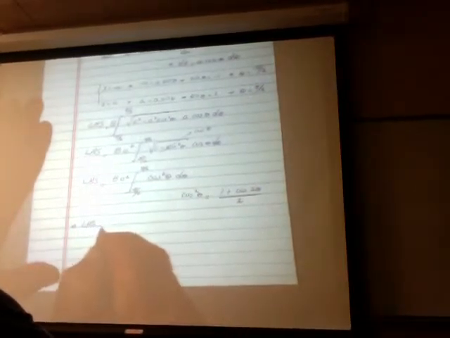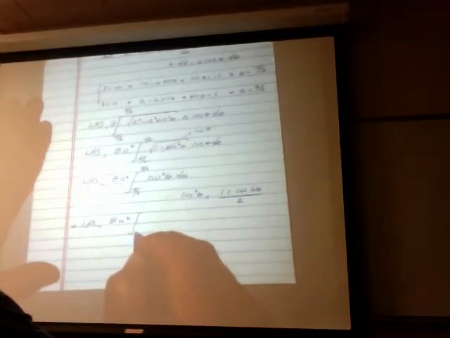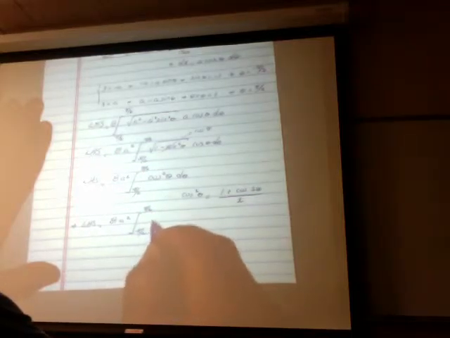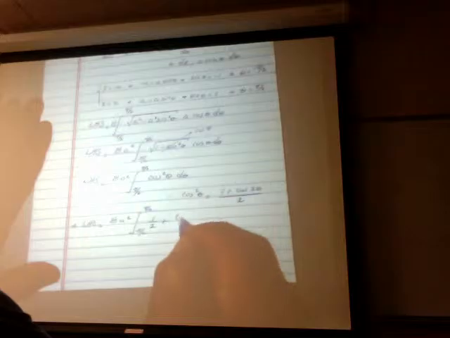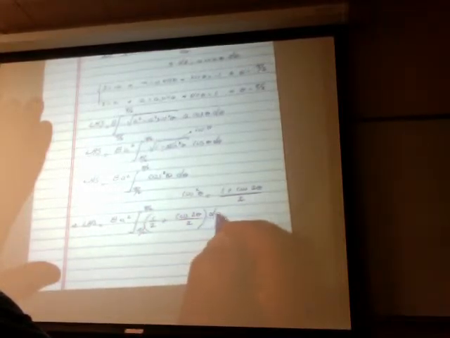So the left-hand side is equal to a squared times the integral of 1/2 plus cosine of 2 theta divided by 2 d theta.